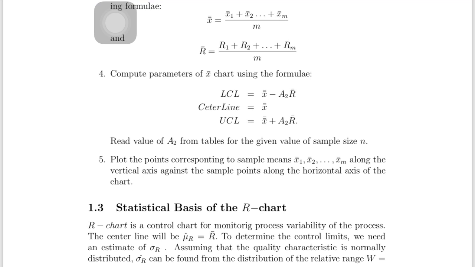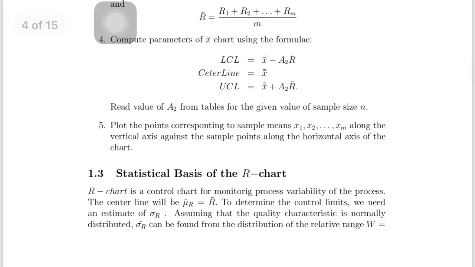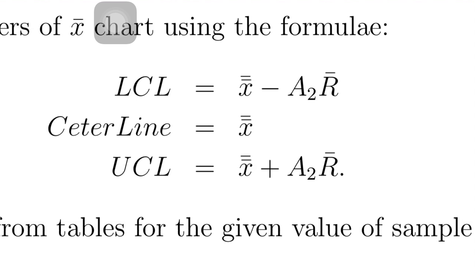One in the center, the center line. Then above the center line you will have an upper control limit, and below the center line you will have the lower control limit, which are computed by these formulas. LCL is equal to X double bar minus A2 into R bar. Center line is equal to X double bar. UCL is equal to X double bar plus A2 into R bar.